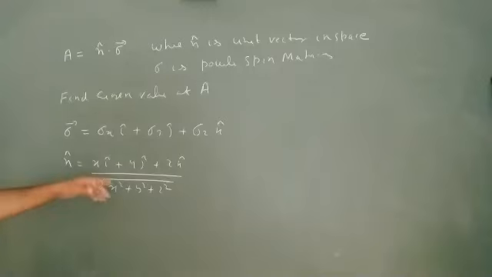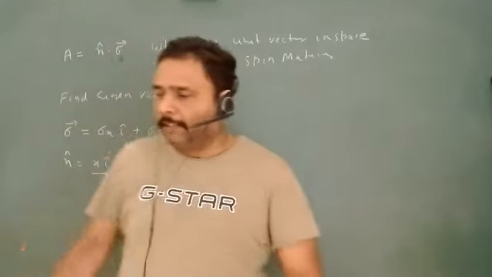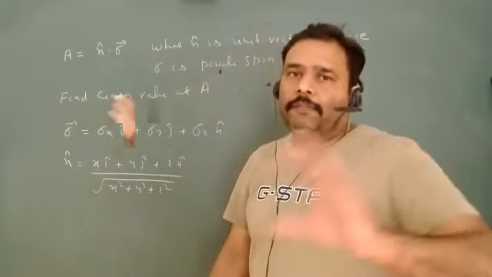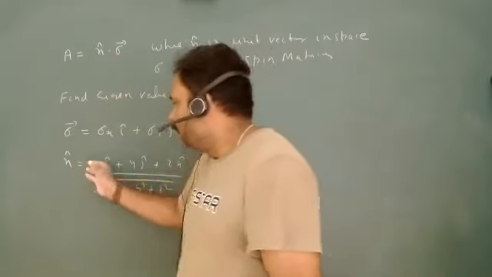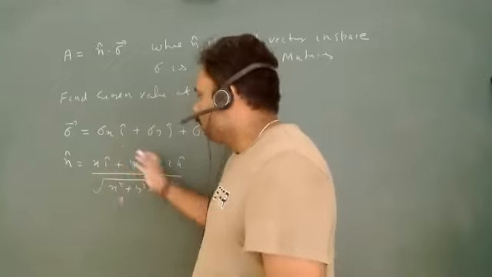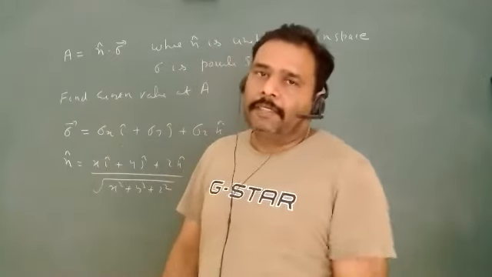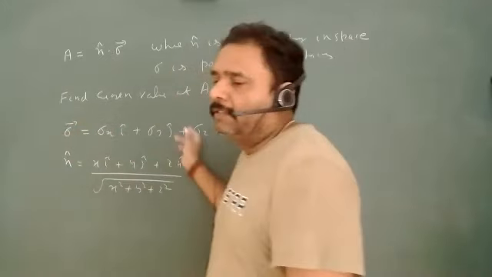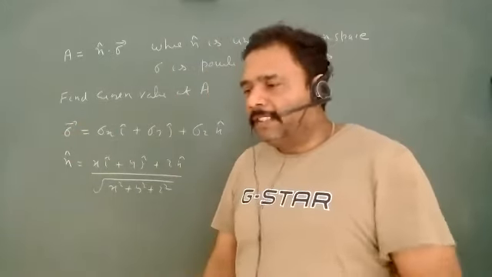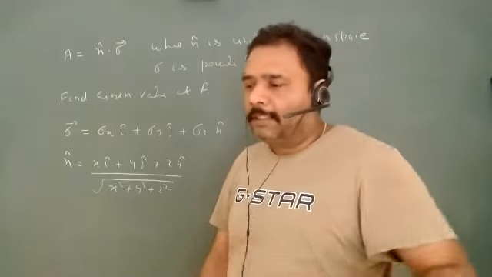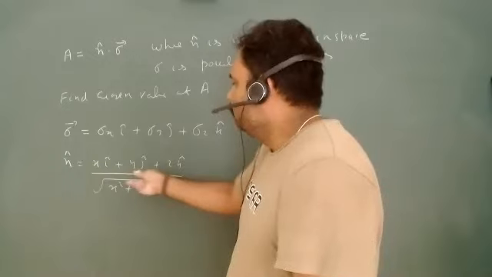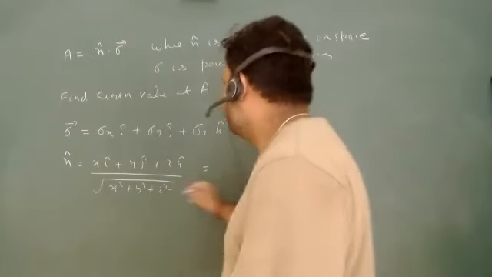It is advisable to go for the spherical polar coordinate rather than Cartesian, because we have already written sigma in terms of spherical polar coordinates. The best way to represent the angular momentum system is in spherical polar coordinates. So we will convert this. What will be x?